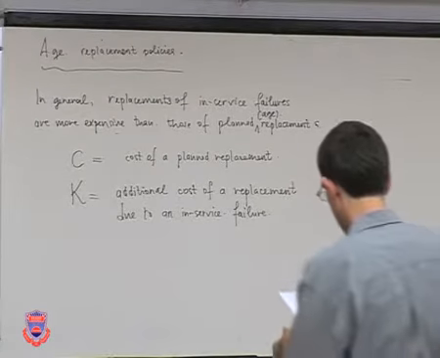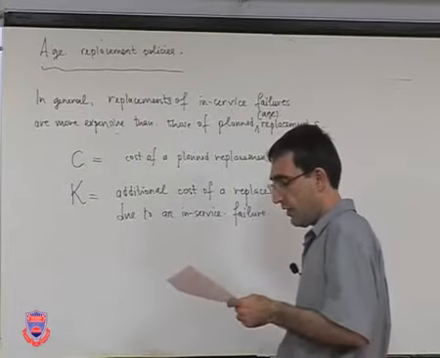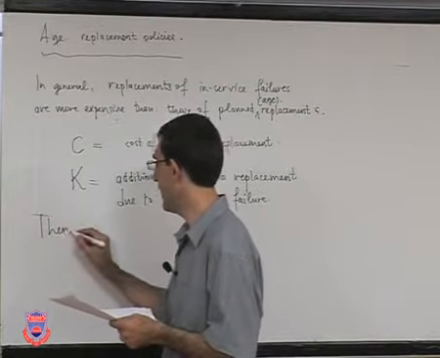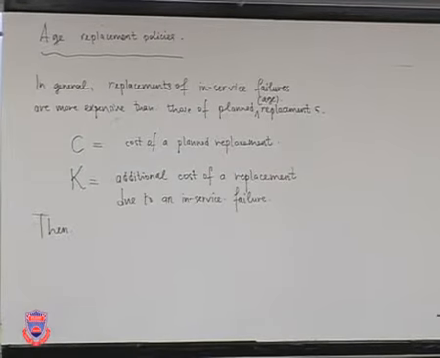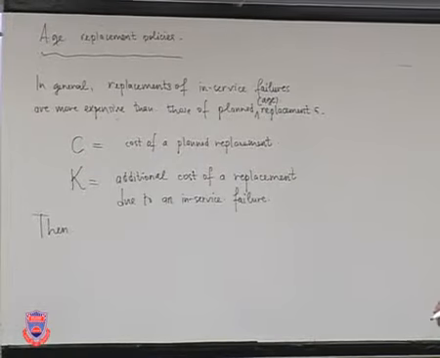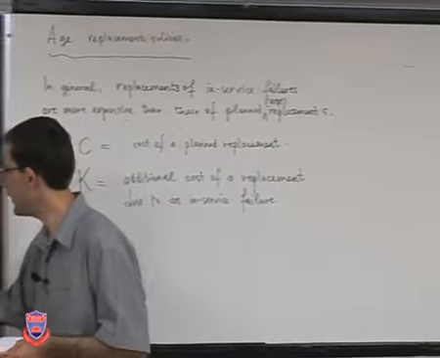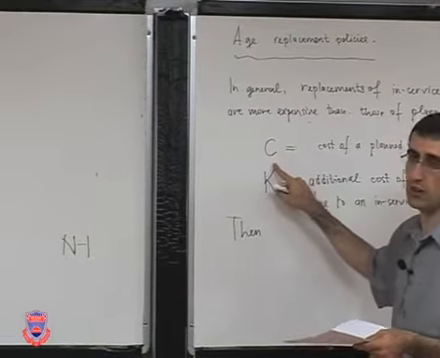Now we have this cost structure here, and let us try to quantify the long run expected average cost per unit time. Every time you find yourself in state n-1, you know that you are incurring this cost C, because it is planned.